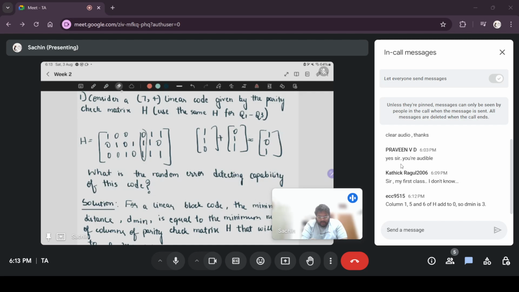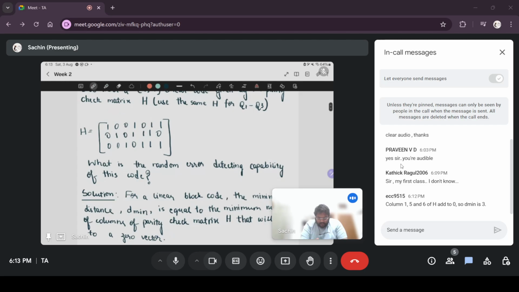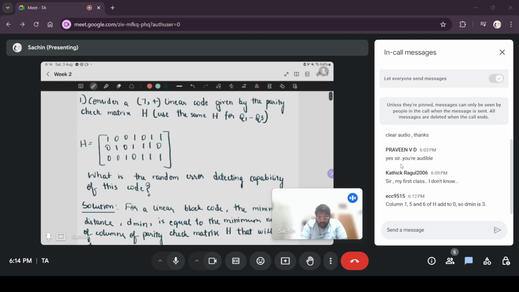Similarly, you can try to add any two of the columns and you won't get a 0 vector. That is, any two columns are independent of each other. Now if you try the same thing with three columns, you could take the first column and the second column.